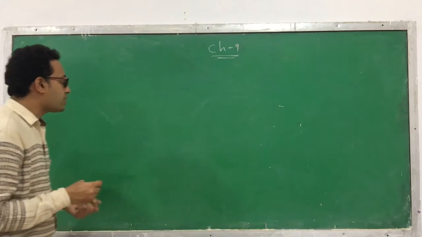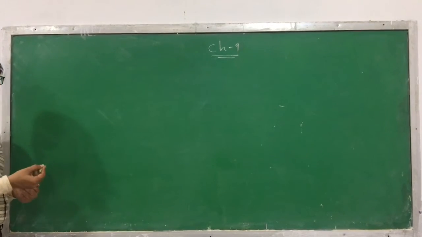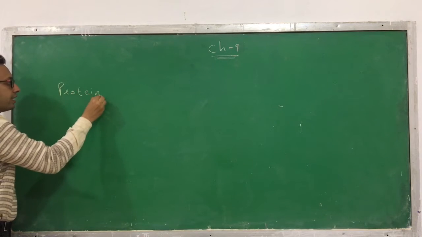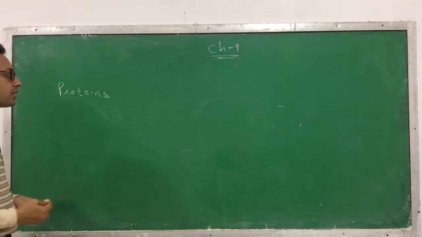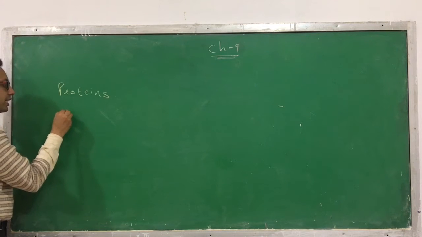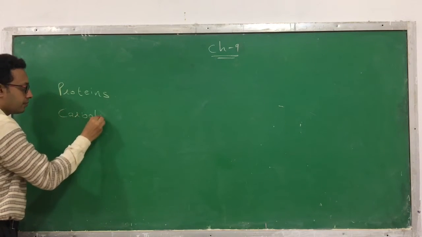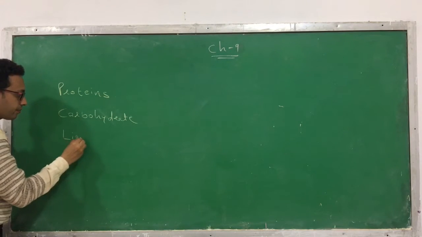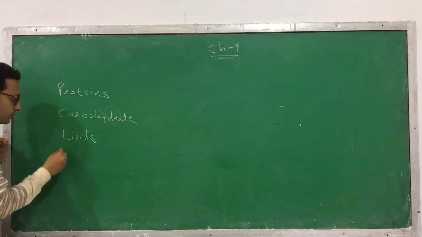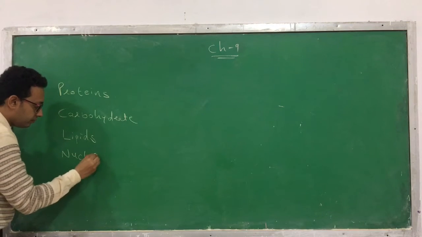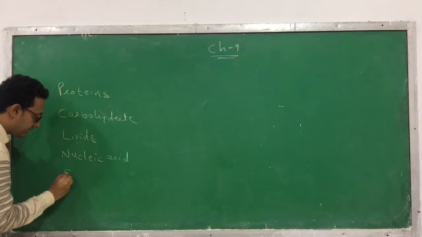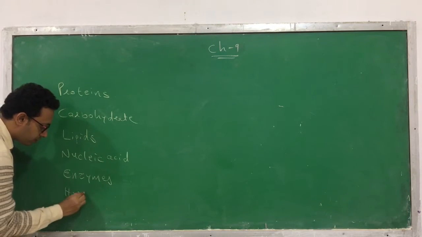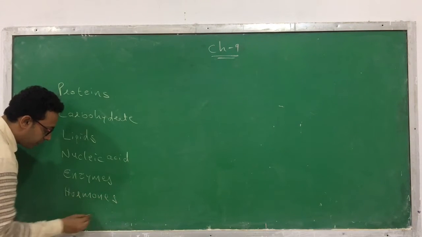Already you know which kind of organic molecules you can find in a living organism. Here is the list of organic compounds: first is proteins, second is carbohydrates, third is lipids, fourth is nucleic acids, next is enzymes, next is hormones, next is vitamins.